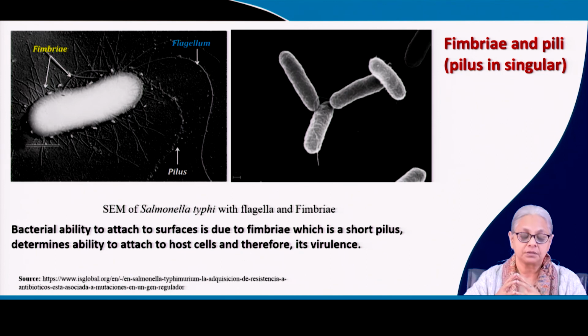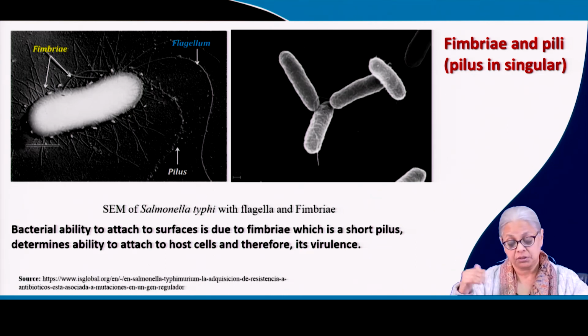And the pilus, you can see it over here, is a very different type of organelle. It does not resemble either the fimbriae or the flagella, and it has a very different nature, which is used for attaching itself to bacteria of the same species or even across species.